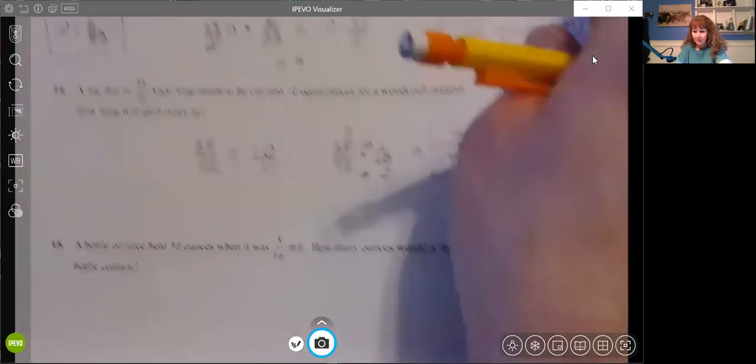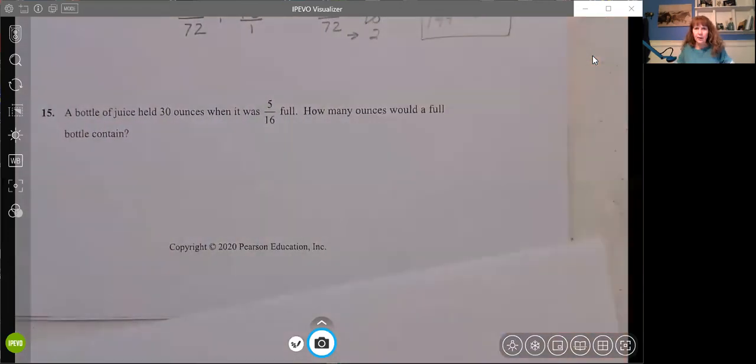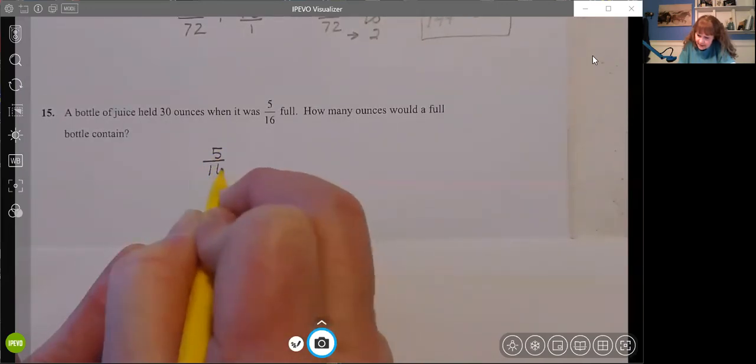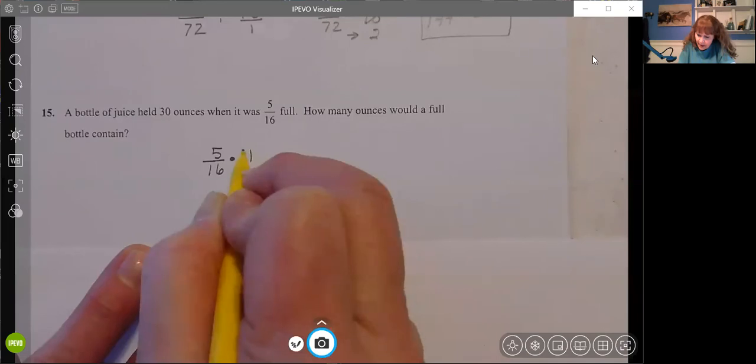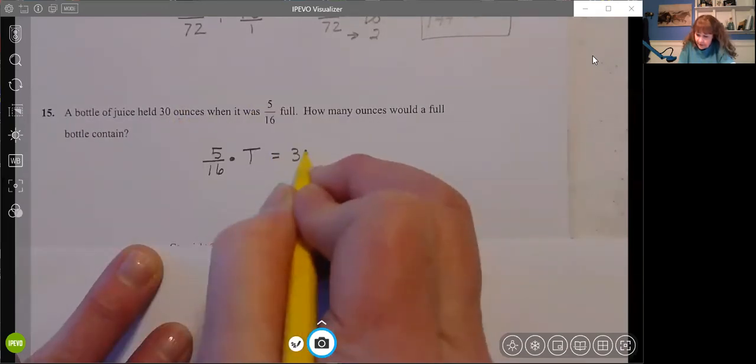This one might be kind of tough, we'll see. I'm going to use an equation on this one. A bottle of juice held 30 ounces when it was 5/16 full. How many ounces would a full bottle contain? The equation means that if I take 5/16 times the total amount when it was full, I get 30 ounces.